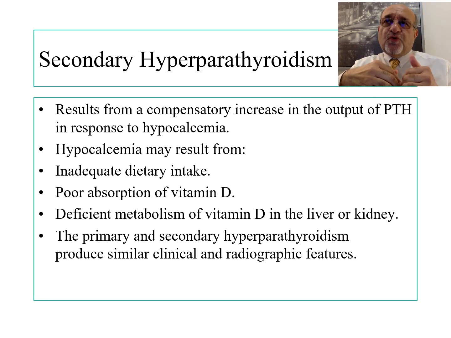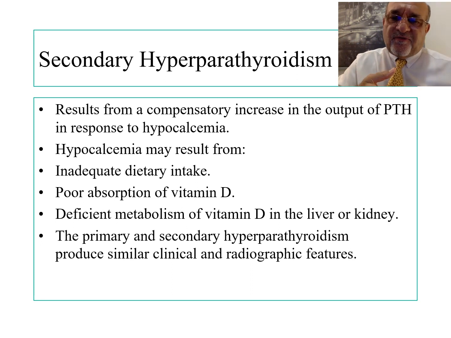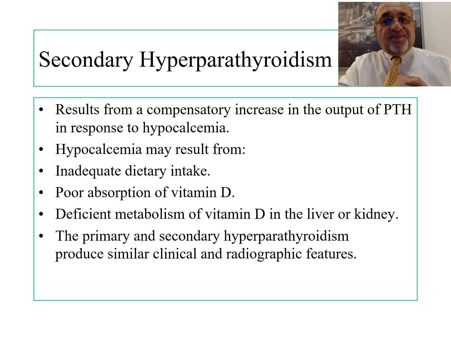This stimulates the parathyroid glands to produce more parathyroid hormone in order to mobilize more calcium from the bone into the bloodstream. Hypocalcemia may result from inadequate dietary intake of calcium, poor absorption of vitamin D, and or deficient metabolism of vitamin D in the liver or the kidney.